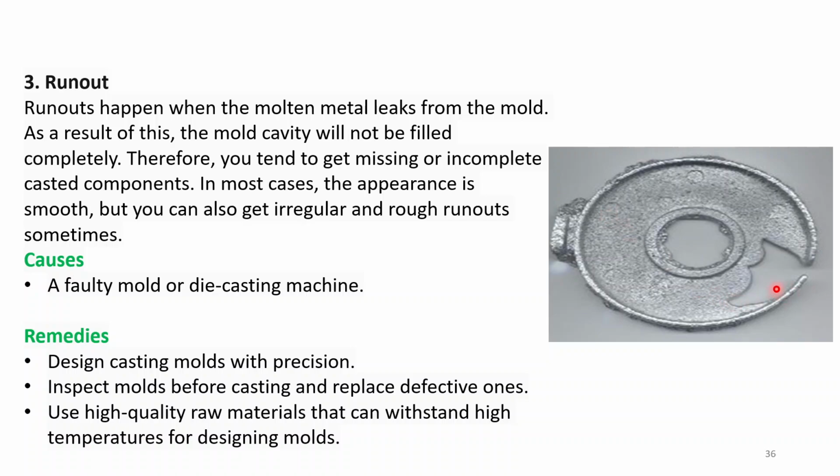The cause here is a faulty mold or die casting machine. And remedies: you can prevent this by designing casting molds with precision, inspecting molds before casting and replacing defective ones. Use high quality raw materials that can withstand high temperature for designing molds.